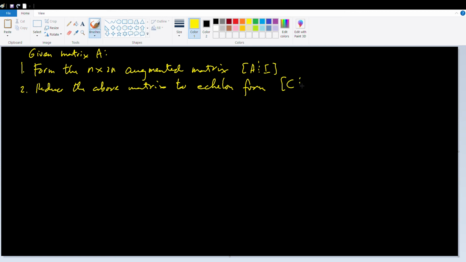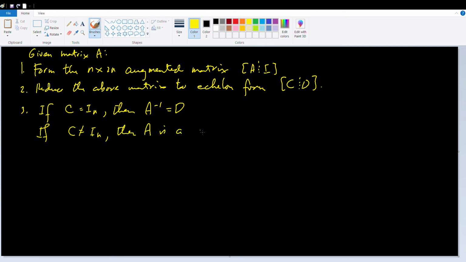Let us call this as the augmented matrix C D. All right. Third, if C, the n by n matrix, is equal to the identity matrix In, then that means that the inverse matrix A to the negative 1 is equal to the last n columns of the resulting matrix. On the other hand, if C is not equal to the identity matrix In, then A is a singular matrix.